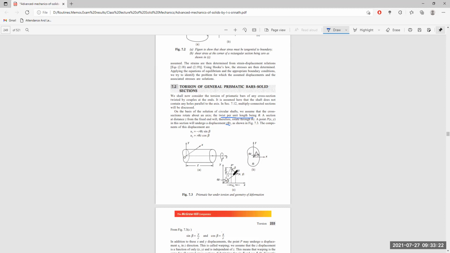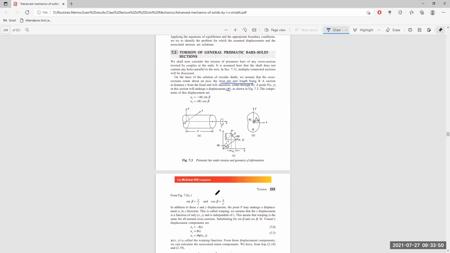So ux is equal to r theta z multiplied by sine beta, where beta is this angle, and uy is equal to the vertical distance, r theta z cos beta itself. This is given as minus because it is moving in the opposite direction.